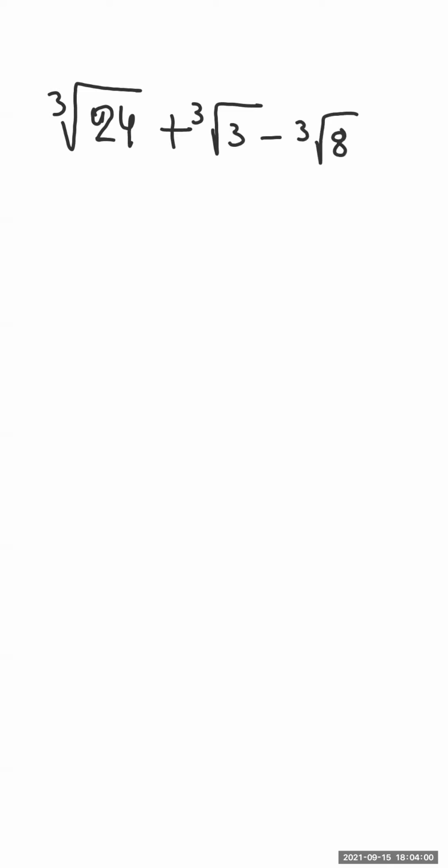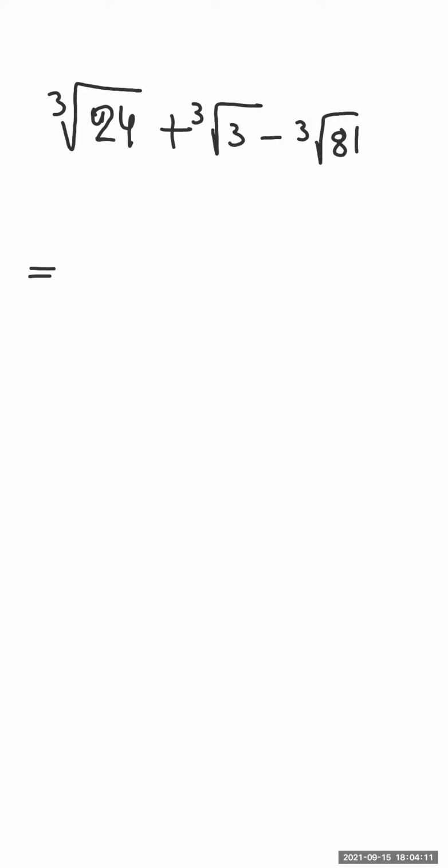The next point, some examples like this one: simplify each of the following to its simplest form. The first one is cubic root of 24 plus cubic root of 3 minus cubic root of 81. As usual, and also as we did in the square root, we will simplify the numbers here, but in the cubic roots.